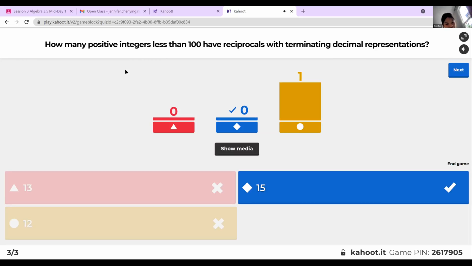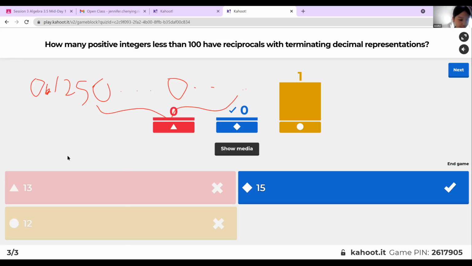Okay. So for this problem, a terminating decimal is one that has a decimal part that does not go forever having non-zero digits. So that means, for example, 125 is a terminating decimal because then beta will always be 0 forever.